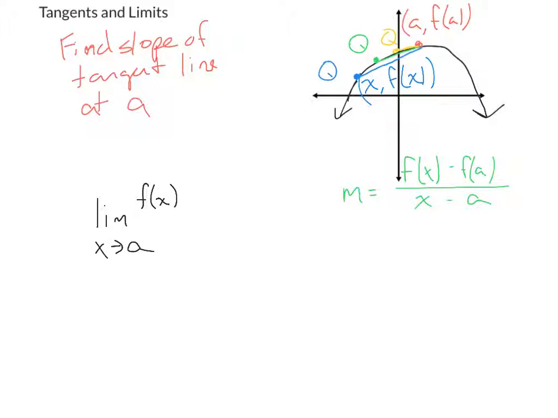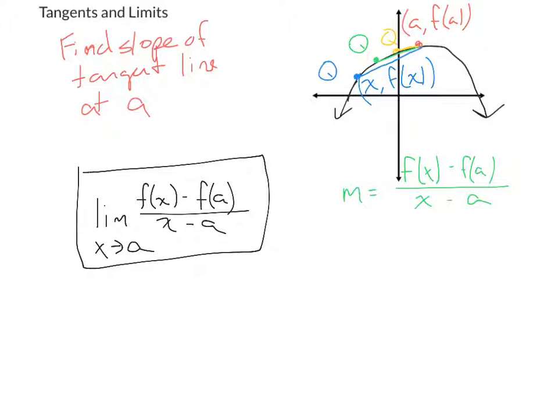Because I don't care about what it is for the function, I care about what the slope is going to be. So we can use the limit as x approaches a of our slope. And so this right here is the answer to our question. The slope of our tangent line at the point a is the limit as x approaches a of f of x minus f of a all over x minus a. Right? It's just the limit of us doing our slope formula.